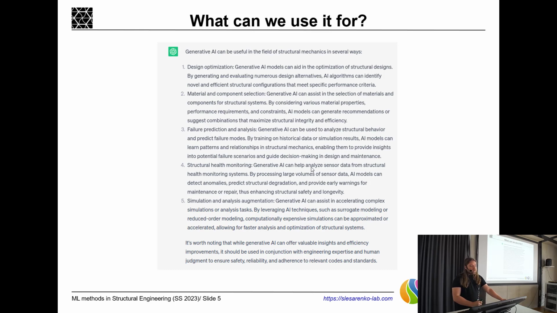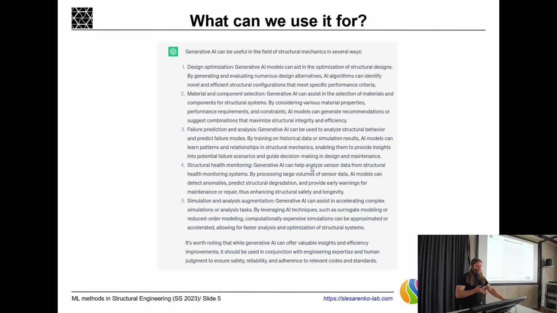So basically it says we can generate a lot of alternatives and then evaluate these and then pick those that are optimal for our application. And that's a very, very cool thing. Another thing is material component selection, quite similar, generating designs with different materials, and again, selecting our nice designs based on some metrics.